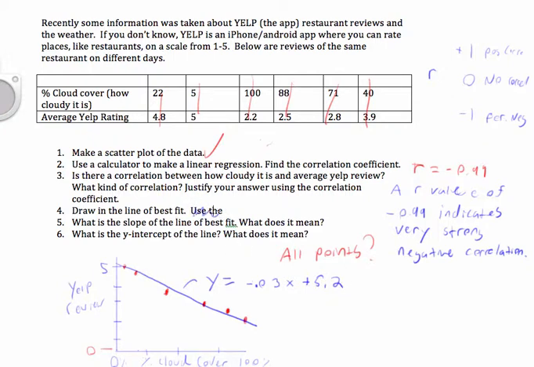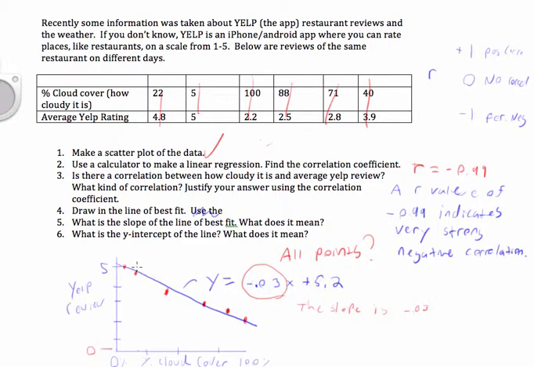What is the slope of the line of best fit? What does it mean? Well, the slope is our a value, or this number. So the slope is negative 0.03. And what does this mean?